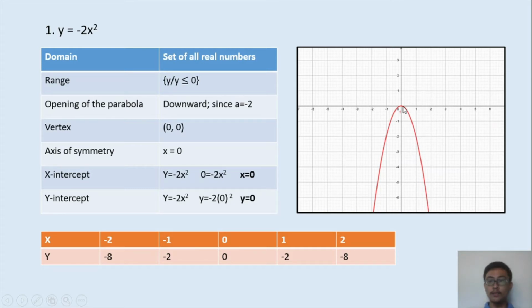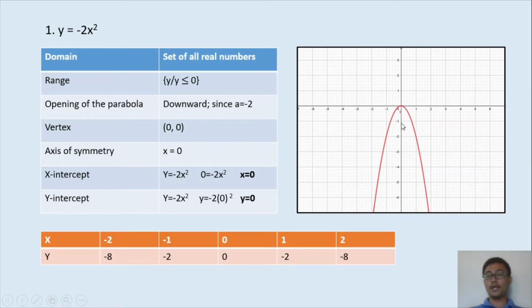Now, yung axis of symmetry na tinatawag, ito yon, no? This vertical line that divides this parabola into two parts. Kaya siya tinawag na axis of symmetry. So, it's just an imaginary line. Okay? So, that is the graph for the function y equals negative 2x squared.